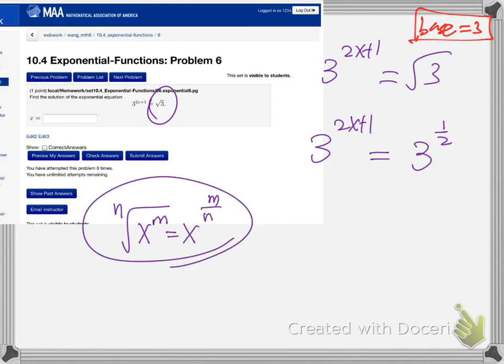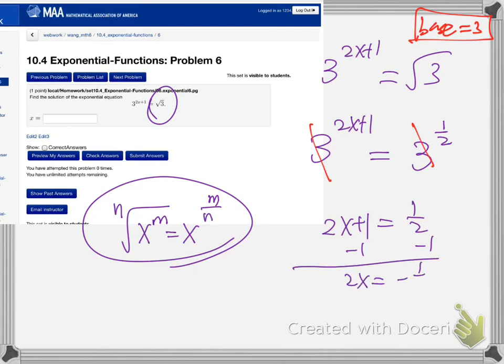So we get some rational powers for harder questions. Now I have the same base, drop the base, then we got 2x plus 1 is 1 over 2. Then solve this linear equation: minus 1, minus 1, 2x is negative 1 half.